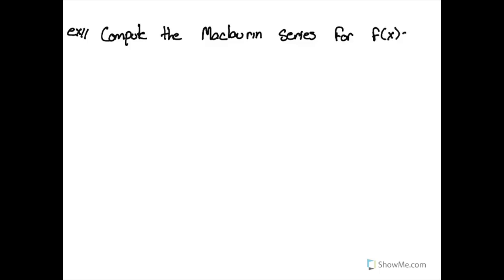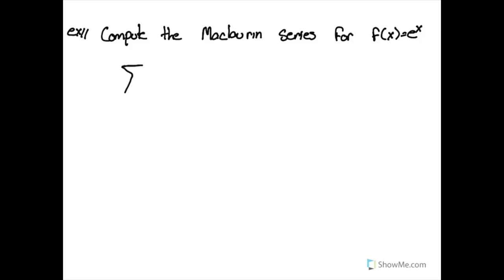So let's see an example. Compute the Maclaurin series for the function f of x is equal to e to the x. I'm doing this example because it's a relatively simple example. Most examples won't be this simple.